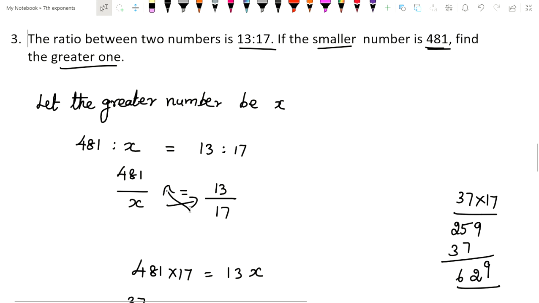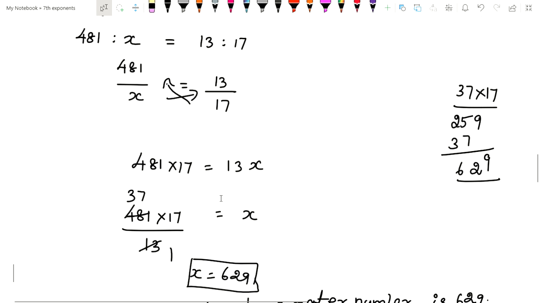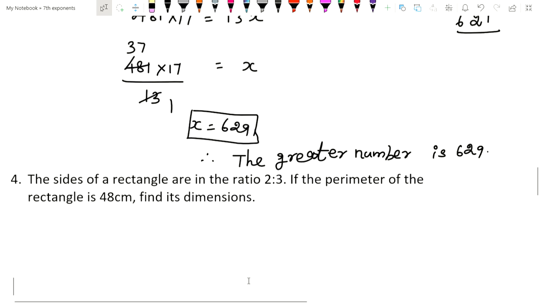Just cross multiply this: 481 into 70 equals 13 into x. So we need to find out the x value. The multiplication will change to division on the other side. So divide by 13. When we divide this, what are you getting? 37 into 17. When we multiply this, what are you receiving? 629. So the greater number is 629. Is it clear, children? See the next one.